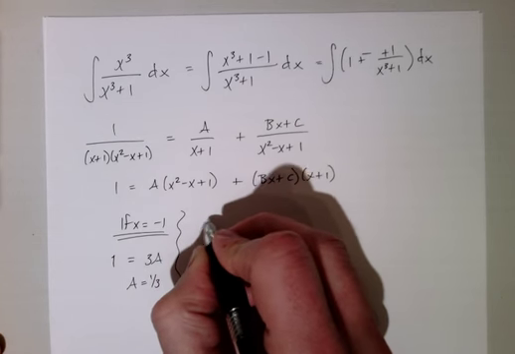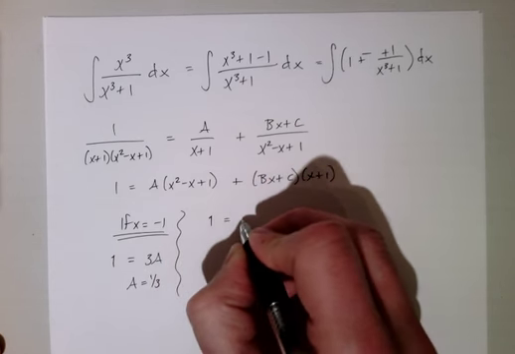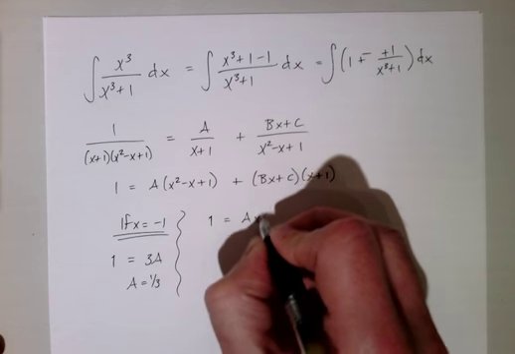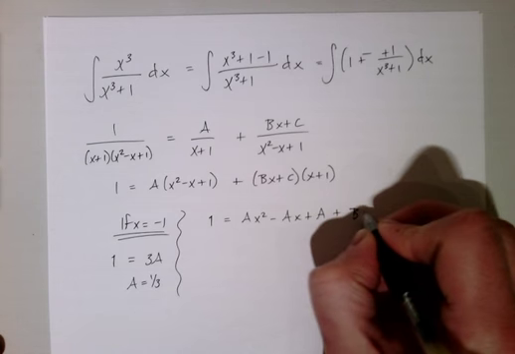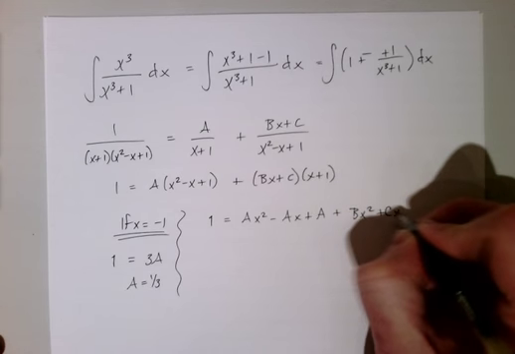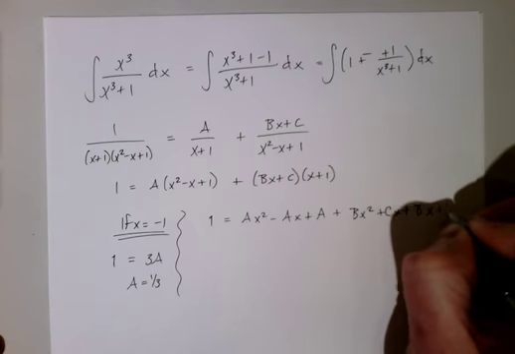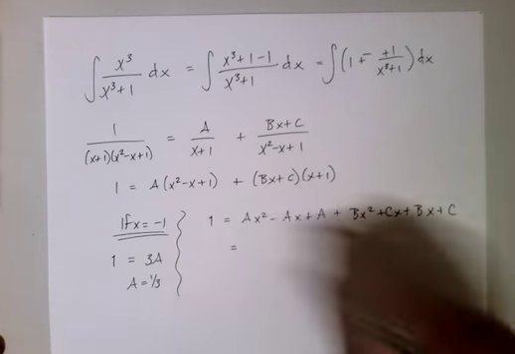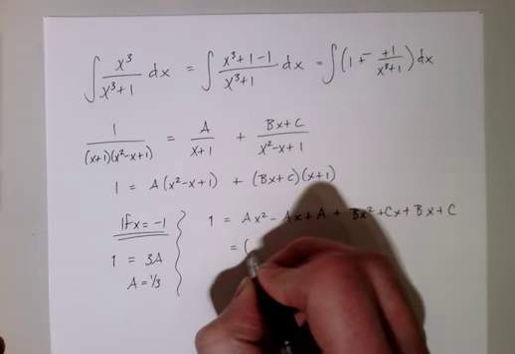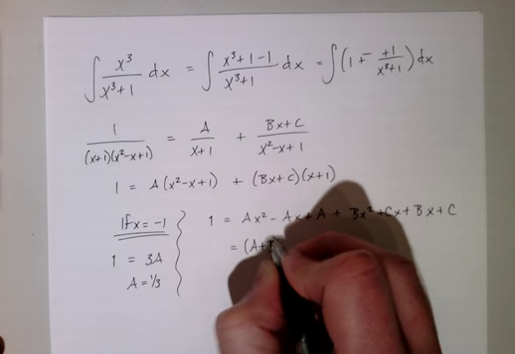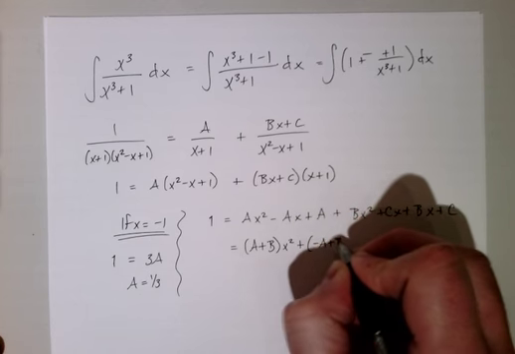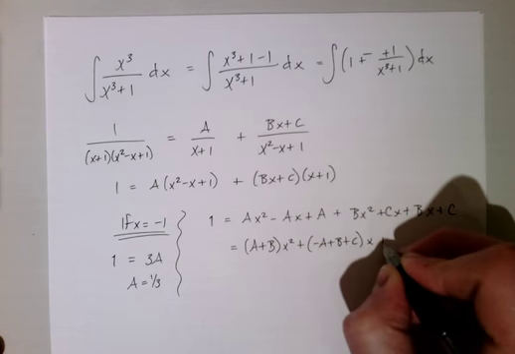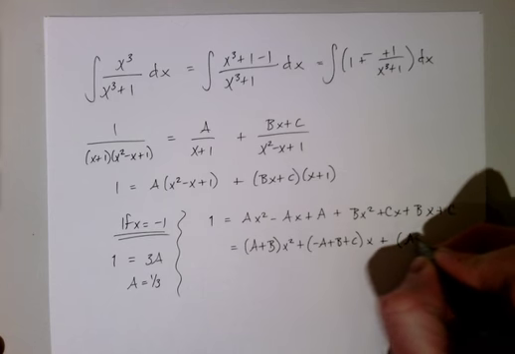So what I have here is 1 is equal to, and let's go ahead and just keep it as a while I'm doing my multiplying out and my recombination. But I'll turn it into 1/3 here in just a second. So I have a plus b x squared plus -a plus b plus c x plus a plus c.